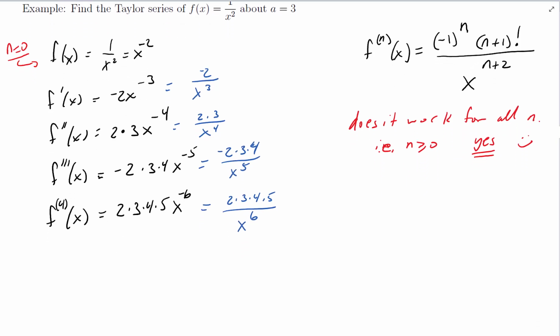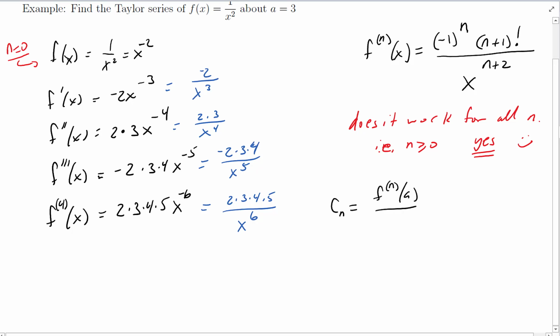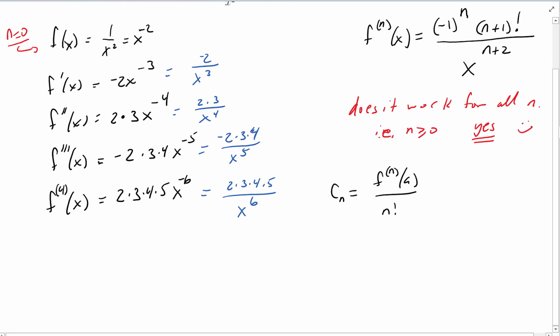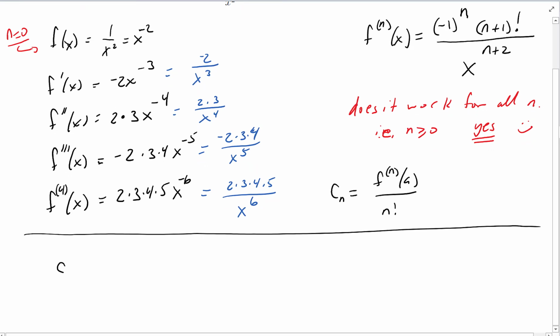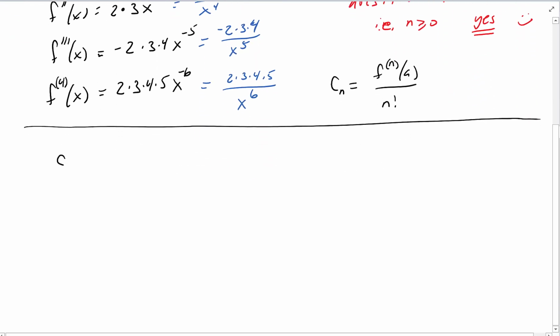So now I have the formula for the nth derivative. Why do I want this? Because c sub n, which is our coefficient for the Taylor series, is the nth derivative at a divided by n factorial. So in our problem here, c sub n is going to be the nth derivative at 3 divided by n factorial.